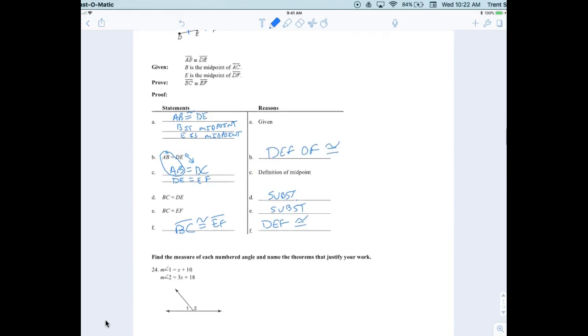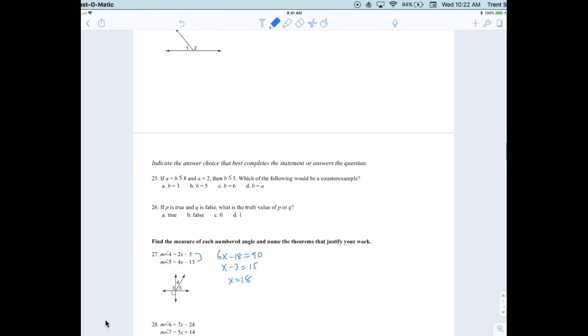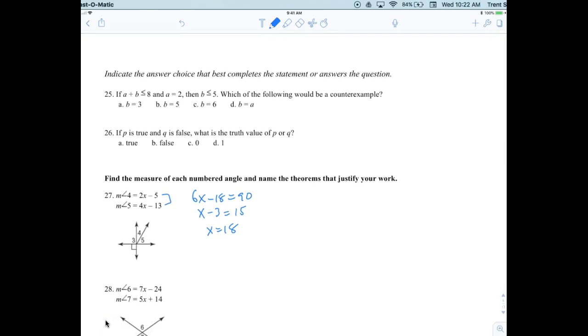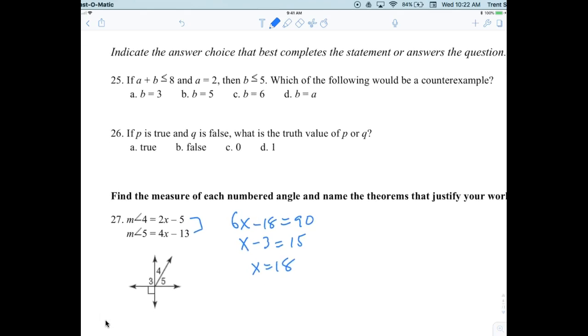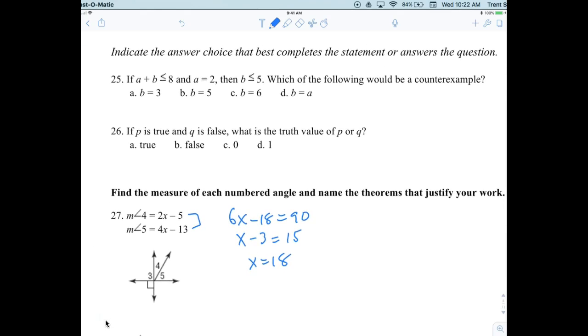If A equals 2, so I'm replacing A with 2, then B has to be less than or equal to what?